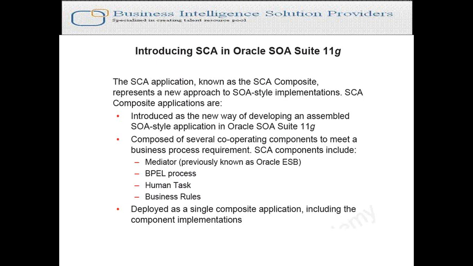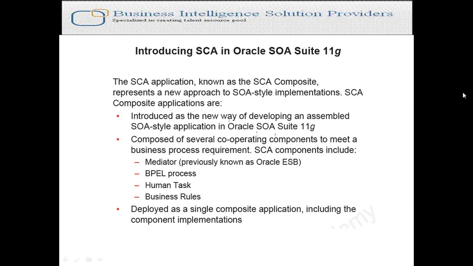Then we started building business processes, but then a need came that the business process itself also has to be reusable. So for the reusability of a business process, I came up with a concept called SCA, that is Service Component Architecture. Okay, it's a new way of developing and assembling SOA-style applications.